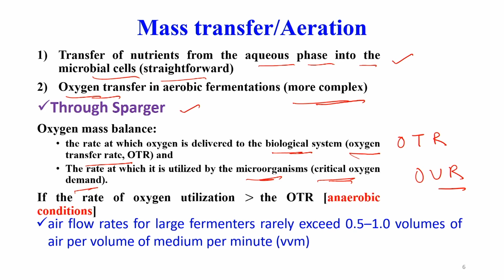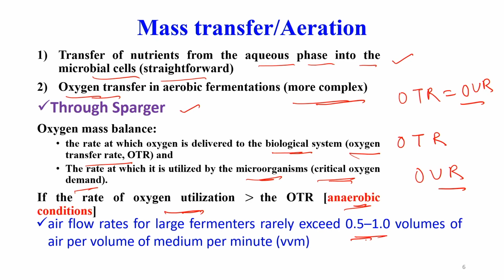Typically, the oxygen transfer rate at a steady state should be equal to the oxygen uptake rate, and when the utilization rate is high, it means anaerobic conditions prevail in a bioreactor.